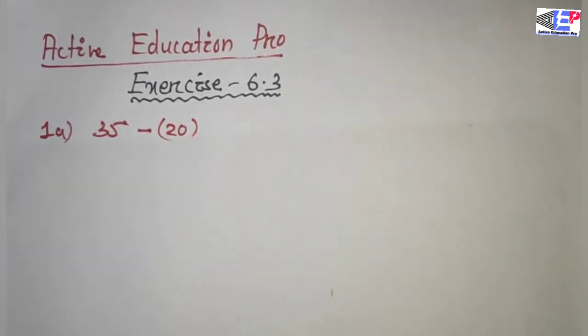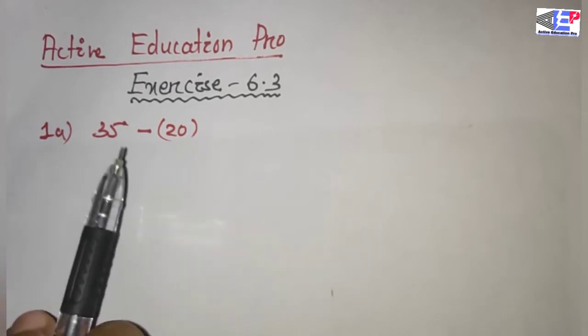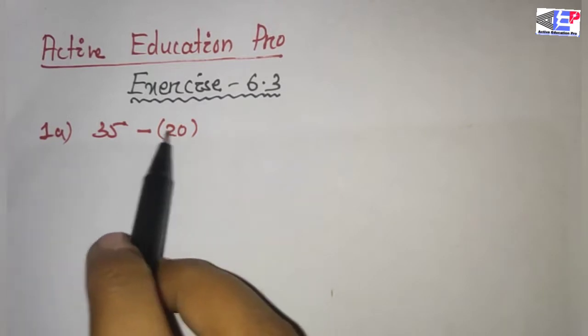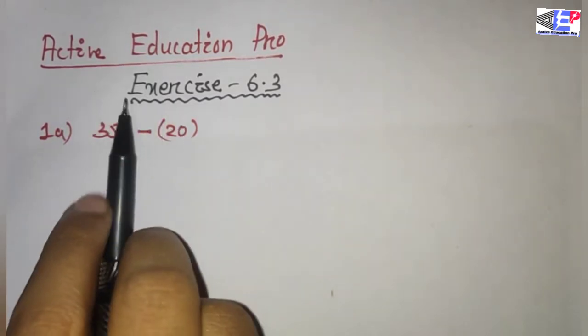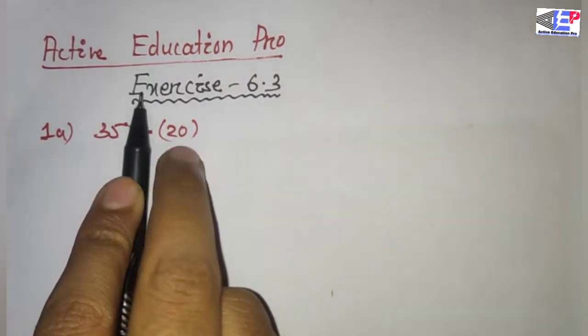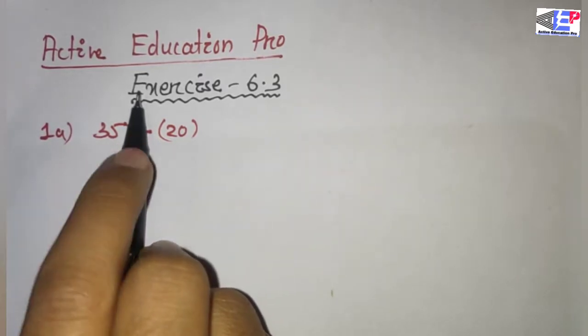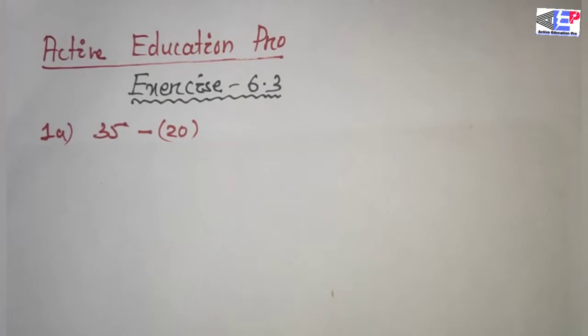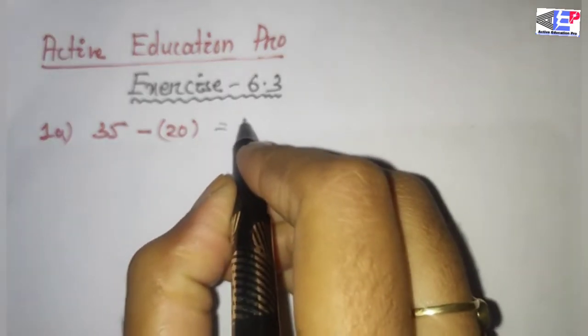35 minus 20 means subtraction. This minus sign indicates the subtraction of 20 from 35. Just hide it. Now there are two integers, 20 and 35, and here you have to subtract 20 from 35. Both are positive integers, and you know 35 minus 20 is 15.